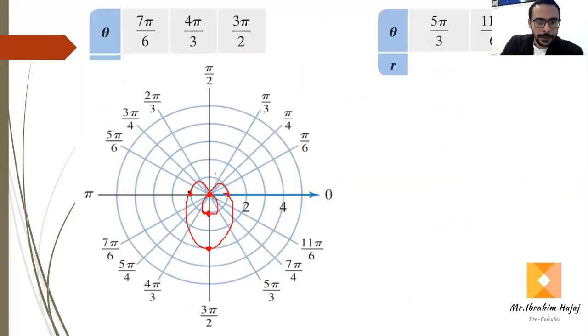Here it's 1. They are the same: negative 1 and pi is the same as 1 and pi. So this is the graph. Is it correct for you? Let's check, guys, by using your graphing calculator. Please.